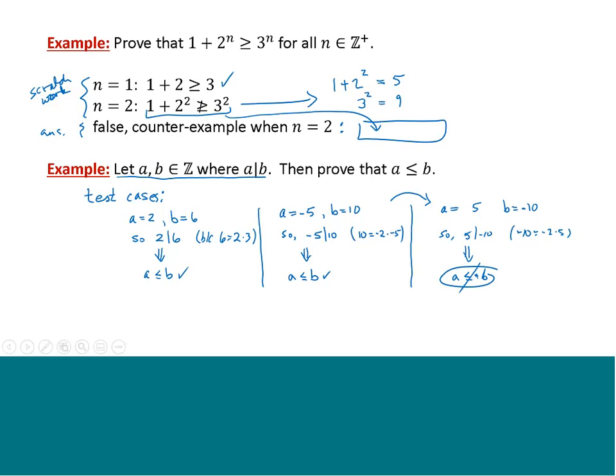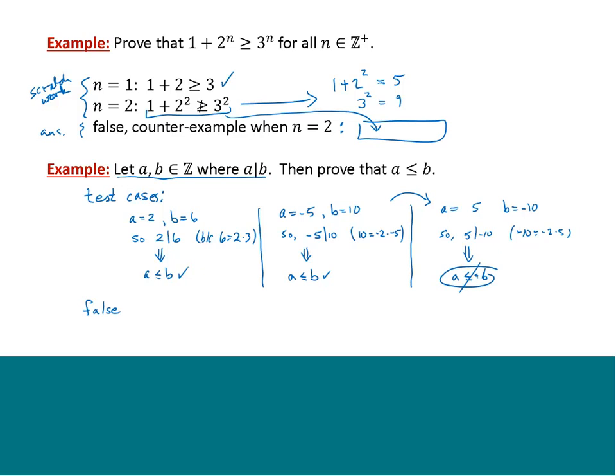It does turn out that if negative numbers are in play, sometimes the inequality works, and sometimes the inequality doesn't work. Now, all of this stuff with the test cases, that's your scratch work. So here would be your actual conclusion. You would say, hey, nope, this statement is false.